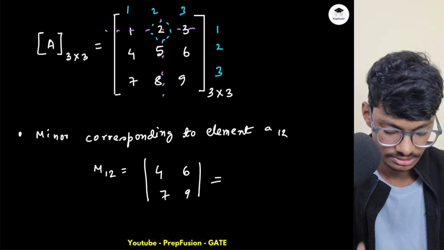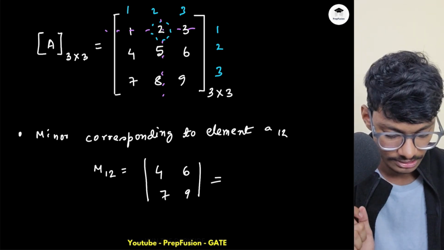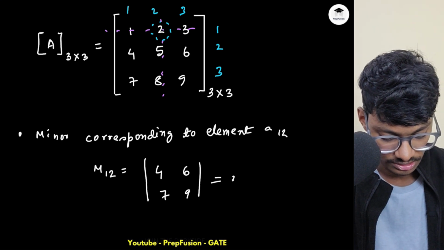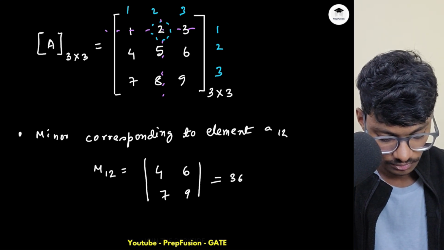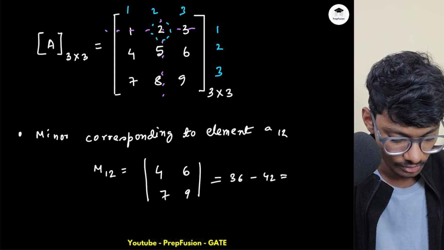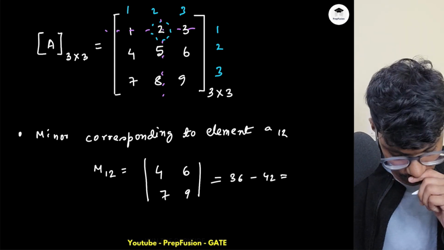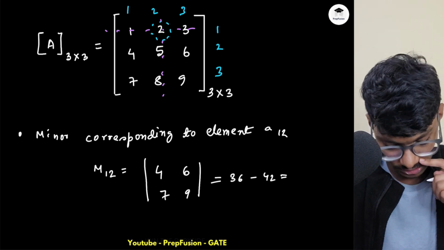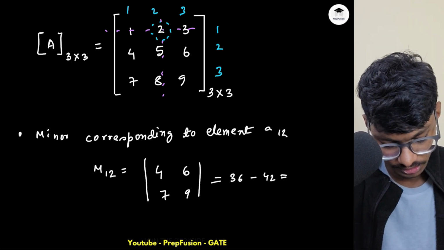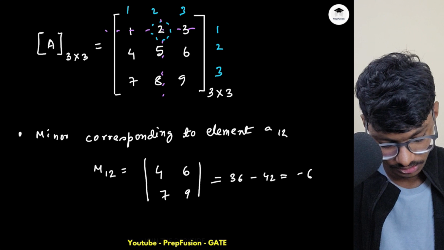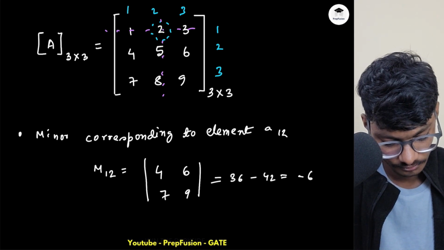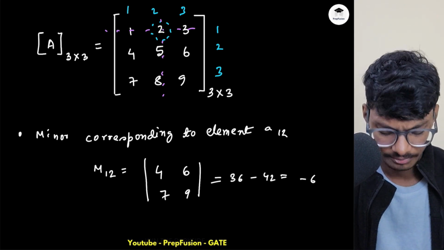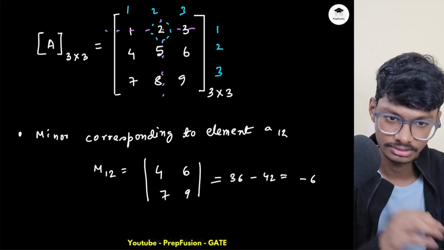Here it is 4 times 9, which is 36, minus 7 times 6, which is 42. So the minor is minus 6. It doesn't signify anything, but that is fine.